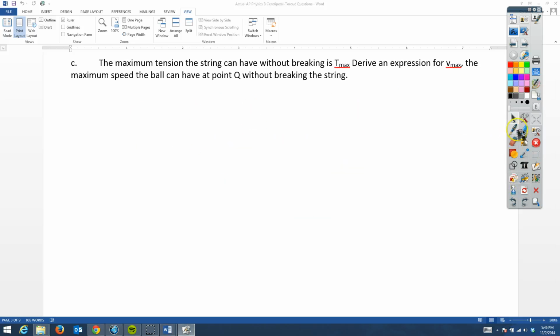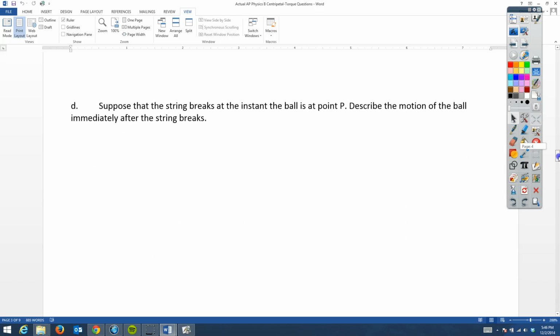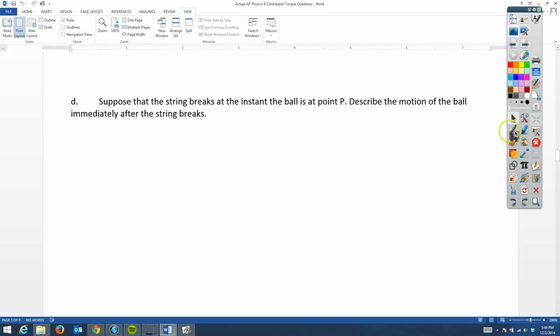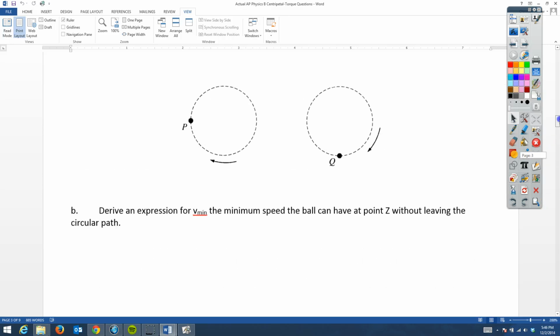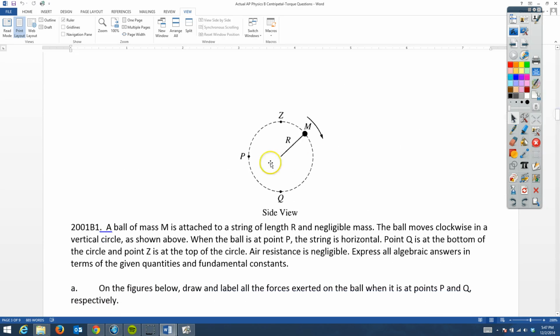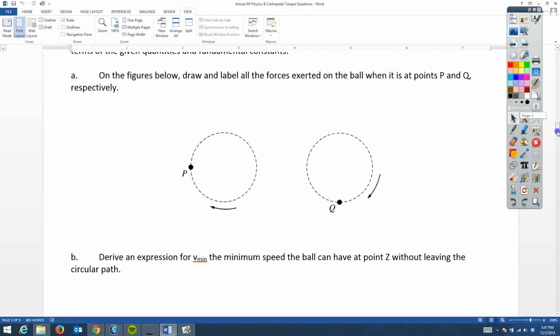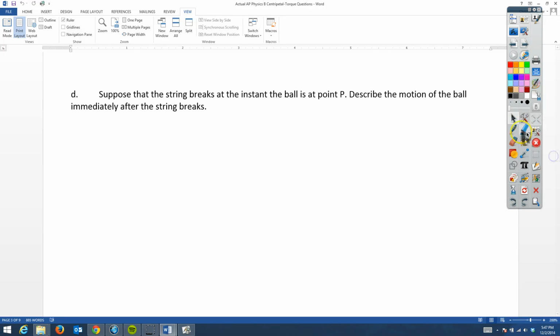Letter D is the very last part, and they want us to describe the motion of the ball immediately after the string breaks. So if it's at point P, let's go back up and look one more time at what point P is. So point P is on the very left side. So let's go ahead and draw the circle and draw point P. So here's the circle, here's point P. If the string broke, okay, so it breaks right there, and the ball's moving in this direction, we know that it would fly off tangentially.